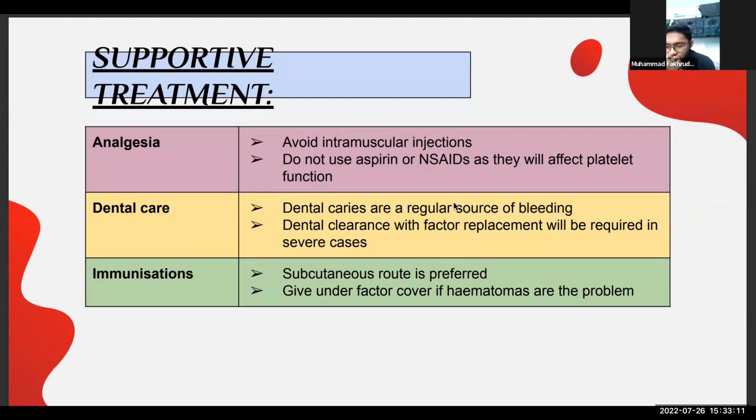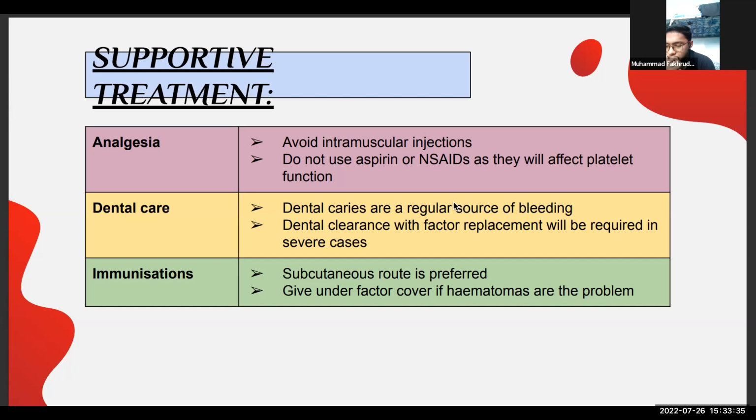Next, we also need to give supportive treatment. First, we can give analgesia to relieve the joint pain, and we need to avoid intramuscular injection. We actually cannot use aspirin or NSAIDs because these will affect platelet function. Next is dental care.